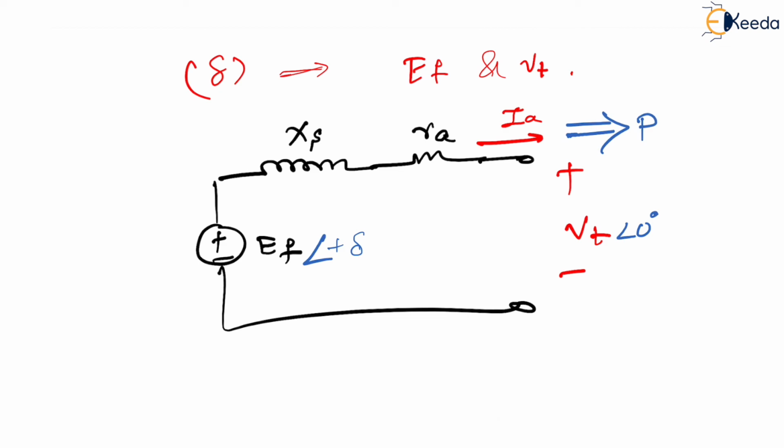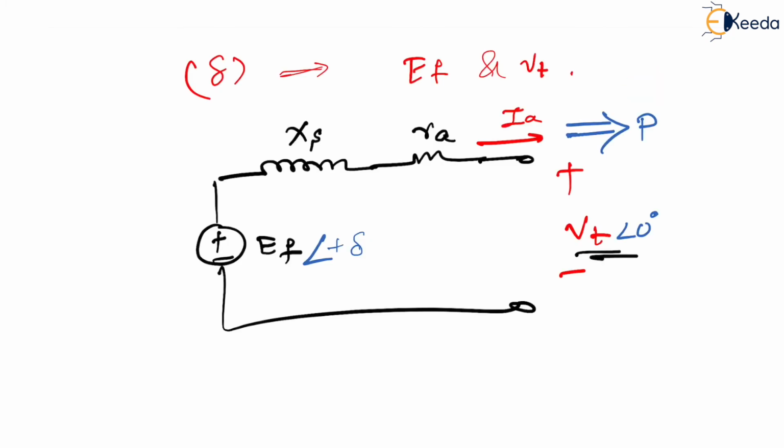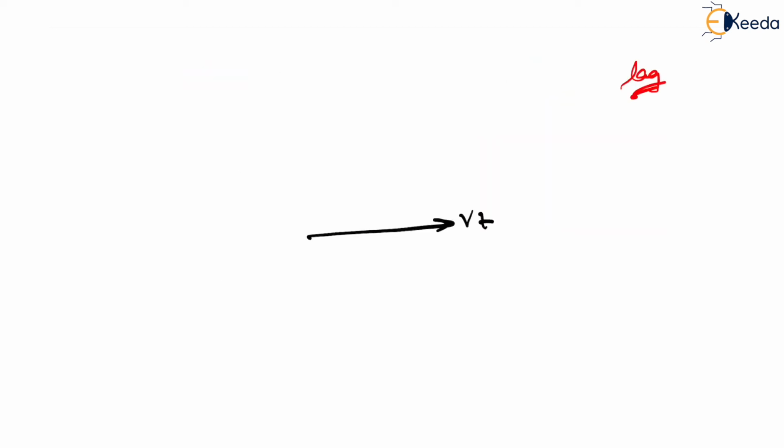Now, let us try to find the phasor diagram for this particular equivalent circuit. Let us see how it looks. Okay, what do we have? Let me consider Vt at an angle 0 degrees as the reference. If you think of lagging condition only, let me think of this Ia is lagging. So let me have this Ia here. Now, what will you get then?